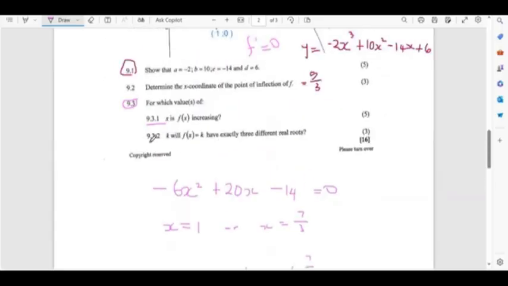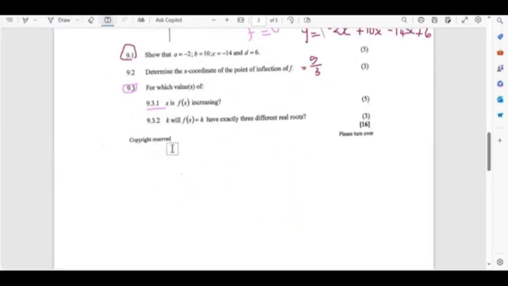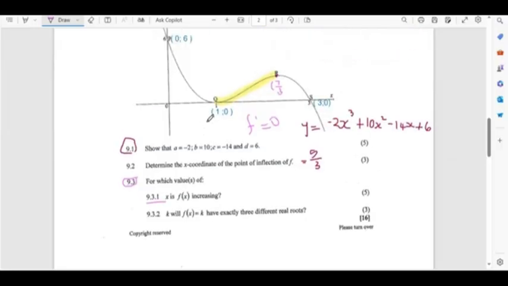Now, let us move on to 9.3.2. It says, for which values of k will f of x equals k have exactly 3 different real roots. What they mean by that is that if you have a line, let's say y equals k, that line must pass through 3 points on your graph. In this graph, what points are we given?